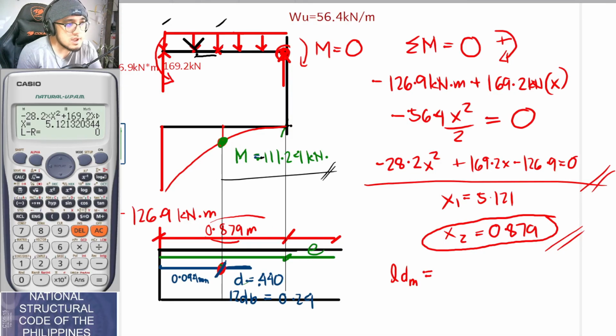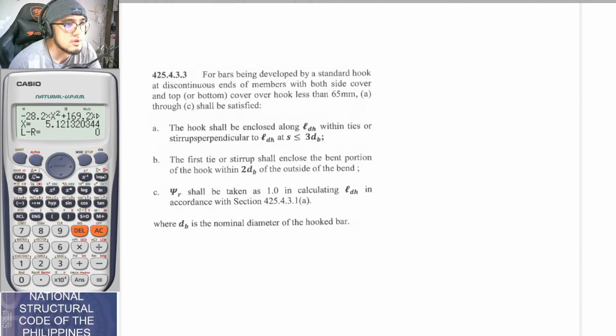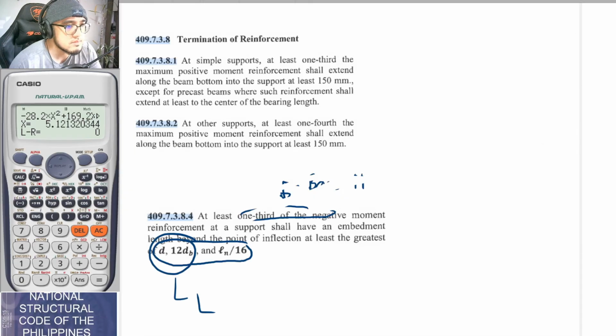So for the extension, same old, it is to be the greater of d, 12 db, but we would be adding another one here. So ln over 16, if I'm not mistaken. So check na naman natin yung code. Yes, ln over 16.